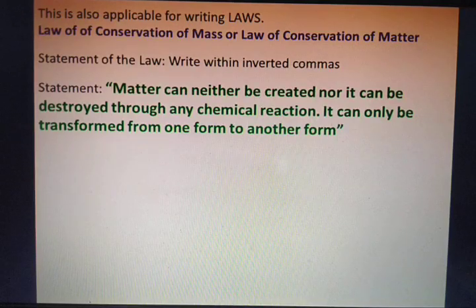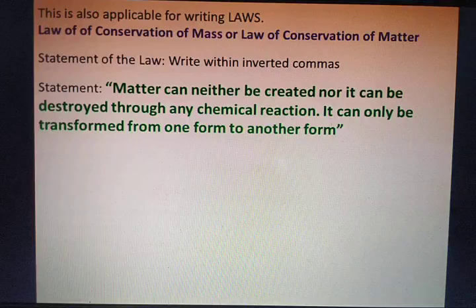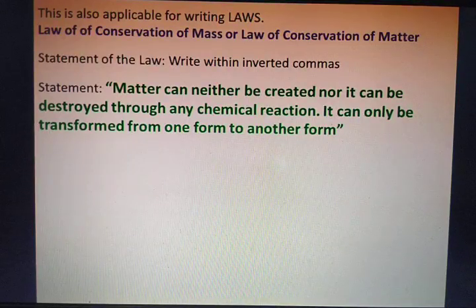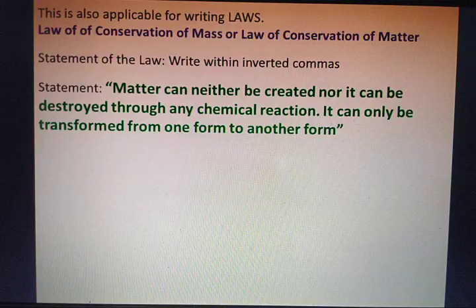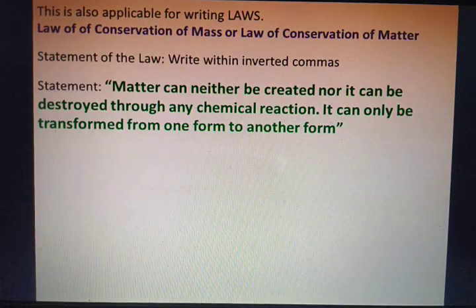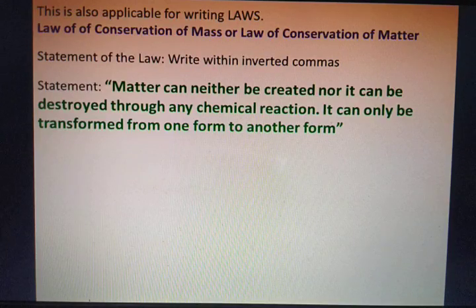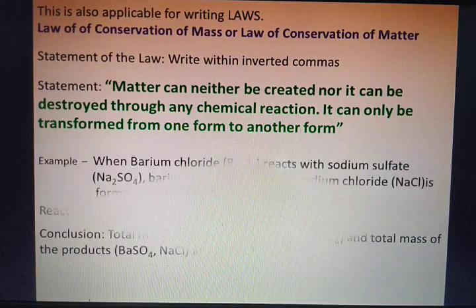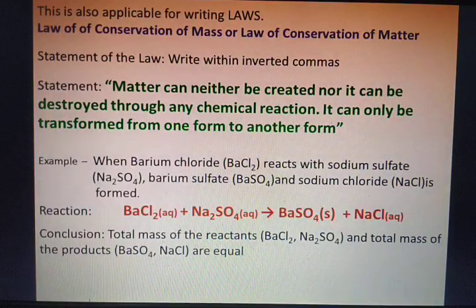So if it is 1 mark, you will just write this one, and if you have 2 marks, then you will go for the example.